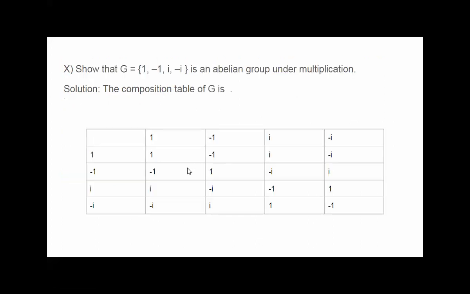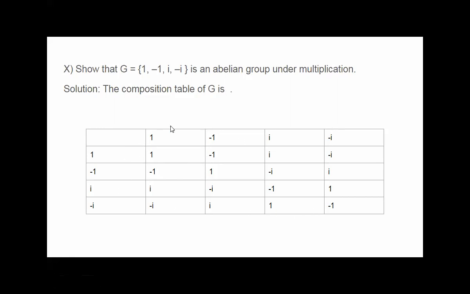Then the last example here is, show that G equal to 1, minus 1, i, minus i, where i is the complex number, is an abelian group under multiplication. What is the operation here? Multiplication.